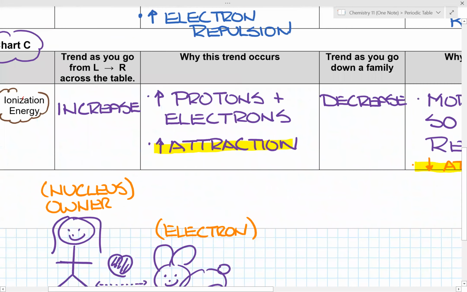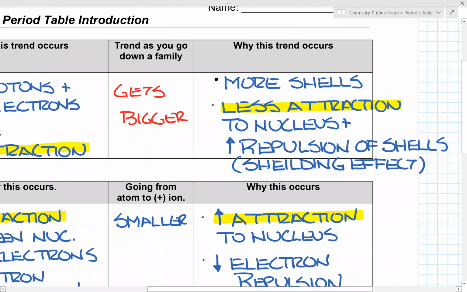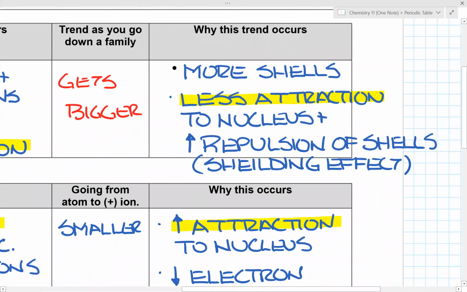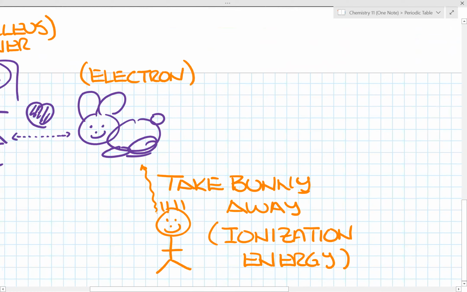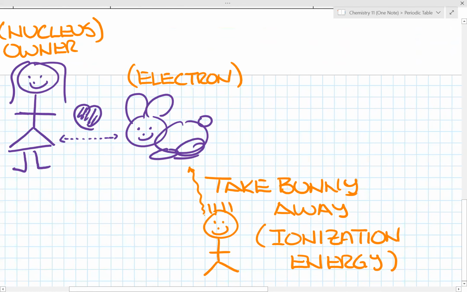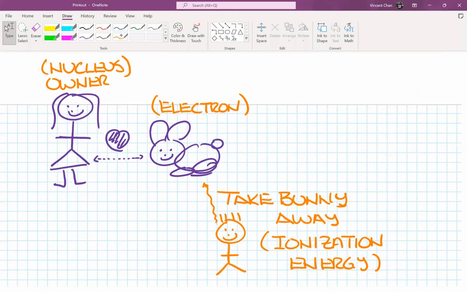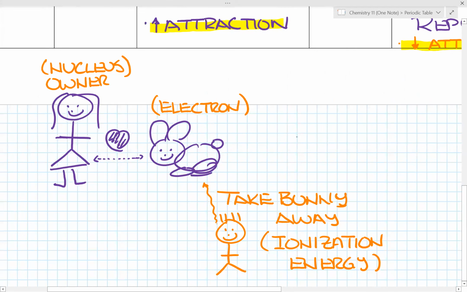Now, you might say, well, Mr. Chan, how come as you go down a family, what do you mean by more shells, less attraction, increased repulsion of shells? So let's say instead of having only one bunny, this owner has another bunny. So let's have two bunnies.